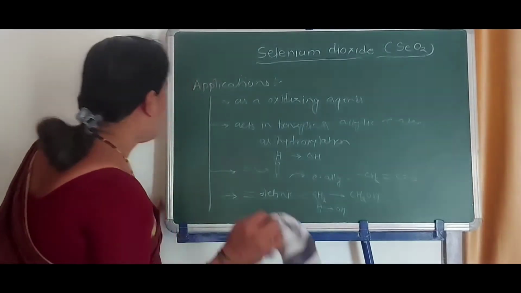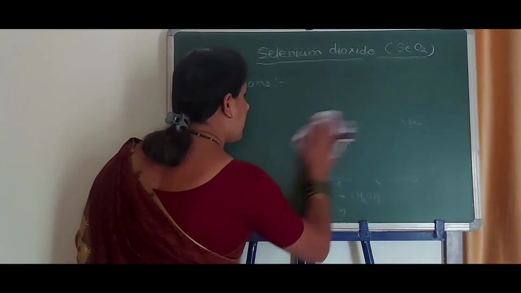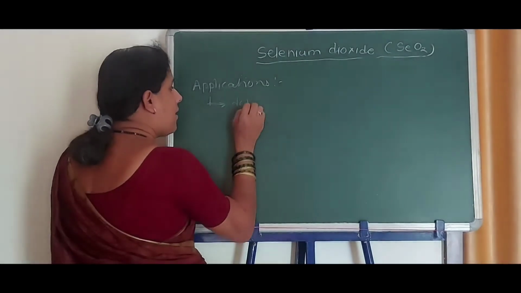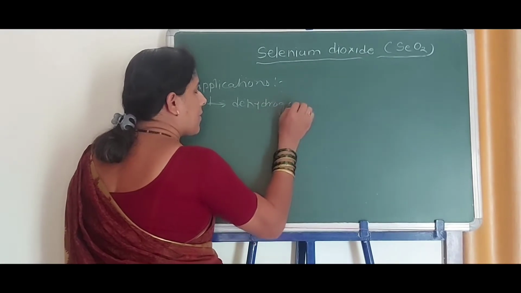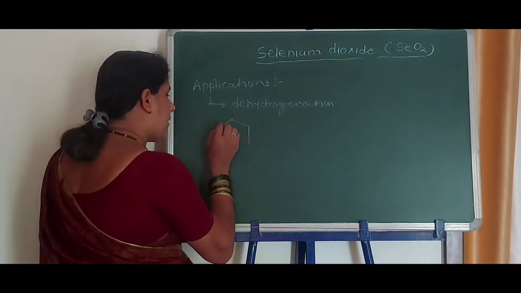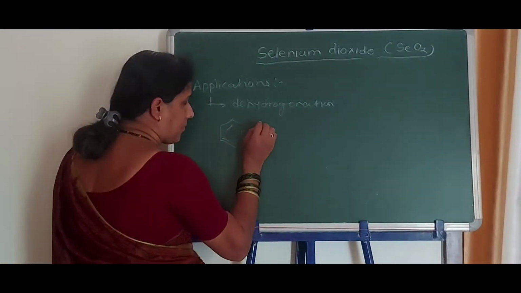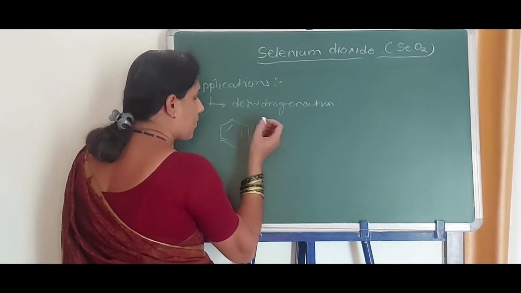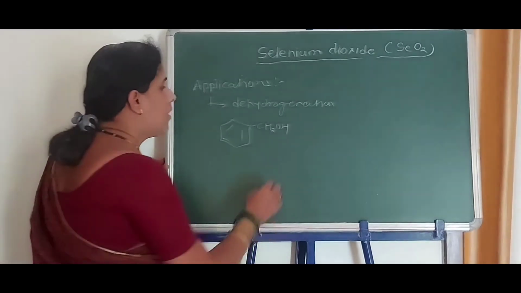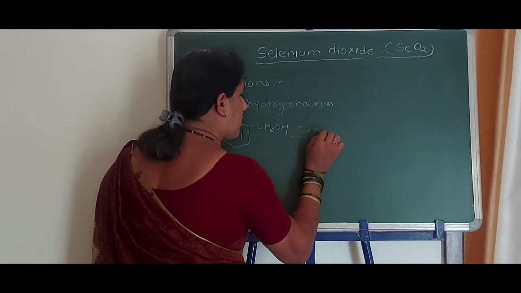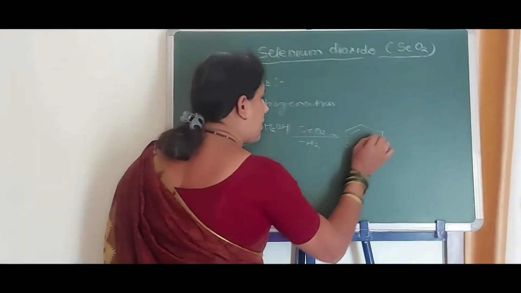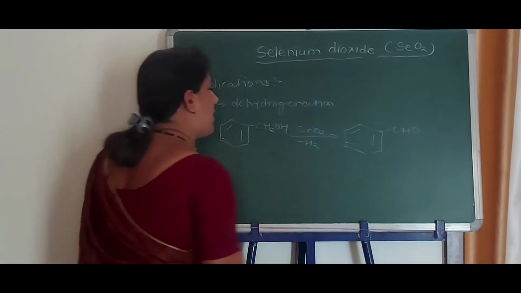The last one is dehydrogenation. For example, we take benzyl alcohol, which on dehydrogenation, that is removal of H2, gives rise to benzaldehyde.